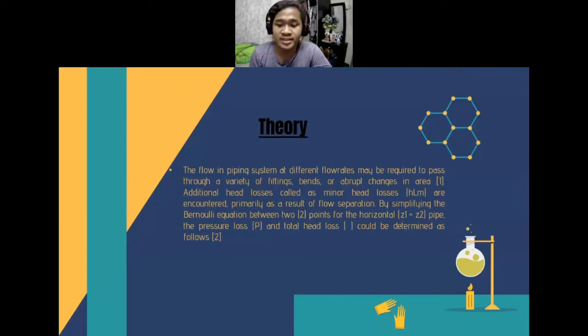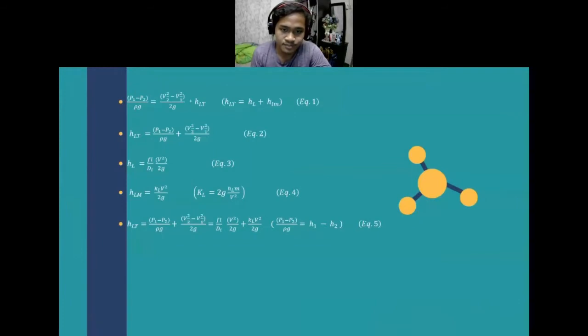By simplifying the Bernoulli equation between 2 points for the horizontal pipe, Z1 equal to Z2, the pressure loss and the total head loss could be determined. So, the equations involved in this experiment are... I will explain more about the symbols on the next slide.